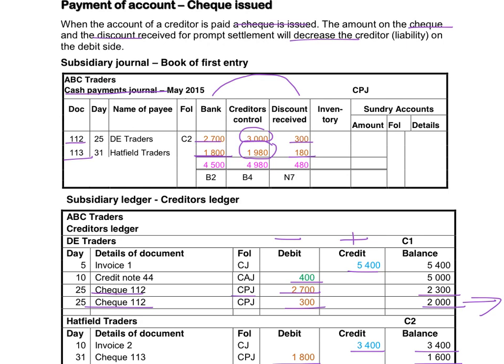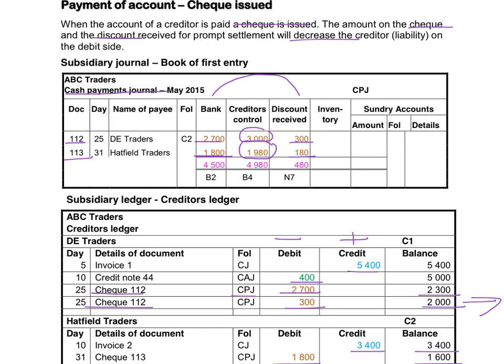So we prepare a schedule of all the balances in the creditors ledger. And we see that DE Traders, we owe them 2,000 Rand at the end of the month. Hatfield Traders, we owe 1,420. And if we add the two together, my total debt, according to the creditors list, is 3,420.